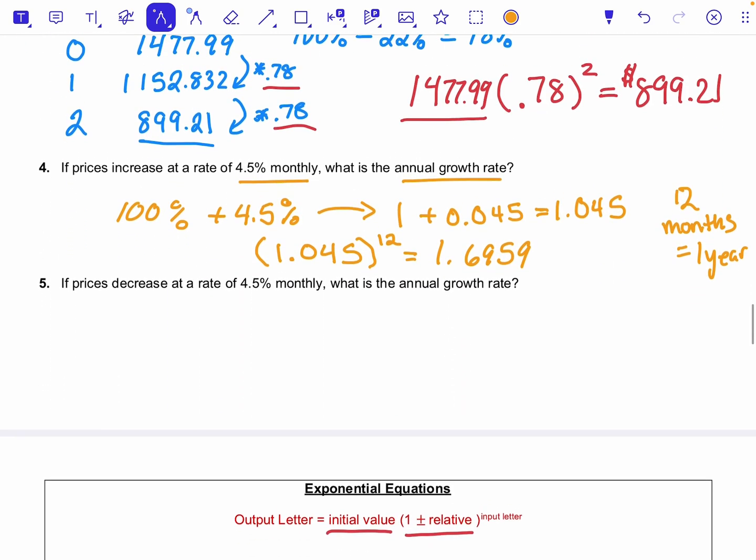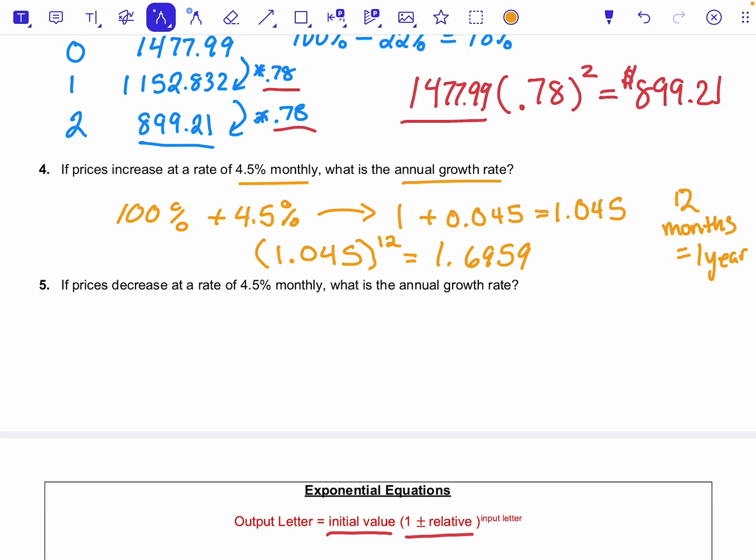So remember, we have to take out the 100%. We want to think about it as 1 plus R, and we want just the R. Well, in this case, if I subtract out 1, I'm going to end up with 69.59, and I want to say percent increase. It's always good to reference that it's going up versus going down, whether you put an increase afterwards or you put a positive number.